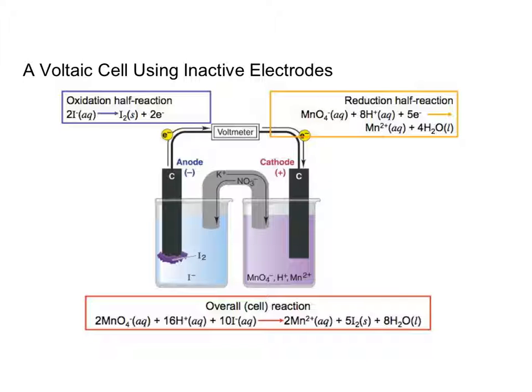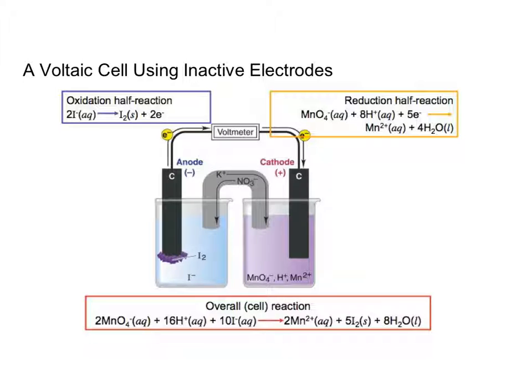Sometimes you'll come across voltaic cells that have inactive electrodes. In this case, the inactive electrode is copper. Actually, not copper. It's carbon. More specifically, it's graphite.